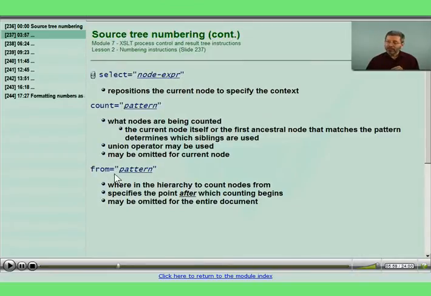Well, the from attribute limits how high up the processor goes up the ancestry looking for a node being counted. How high up does it look for a node being counted? This is very useful for book-wide numbering, and we'll see that in a diagram.